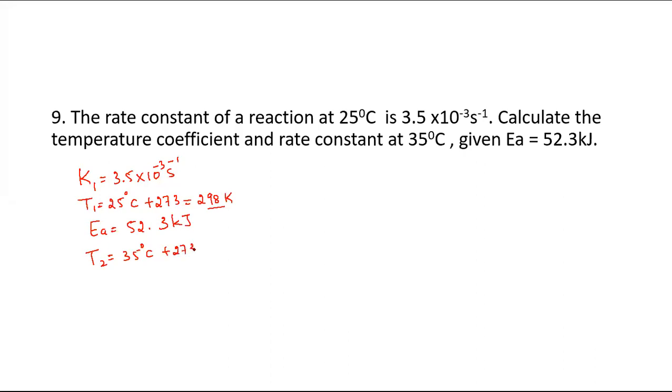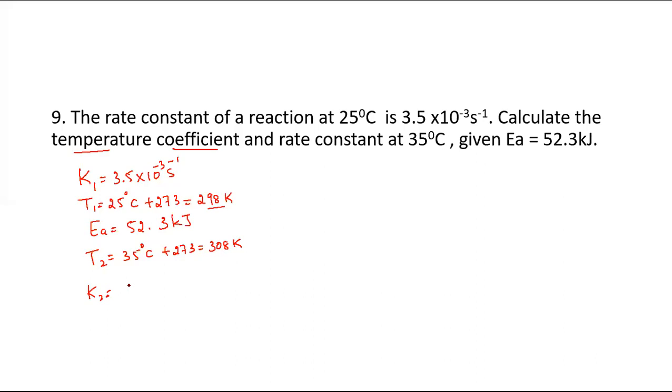Again convert this into Kelvin, that is 308 Kelvin, right? Then we need to calculate the temperature coefficient. See what is missing here. That is K2. We need to calculate the K2 value, right?